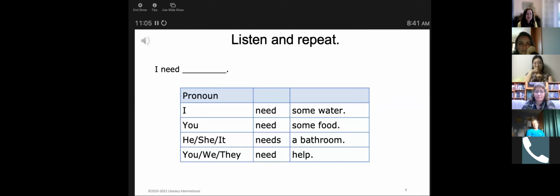When we have some, we sometimes may want to translate that word or ask the students to use their translation app to figure out what need means. We can do gestures, right? I can make a gesture like, oh, I'm so hot.